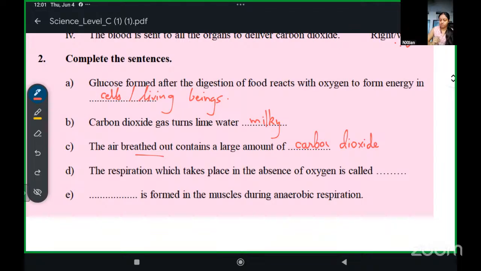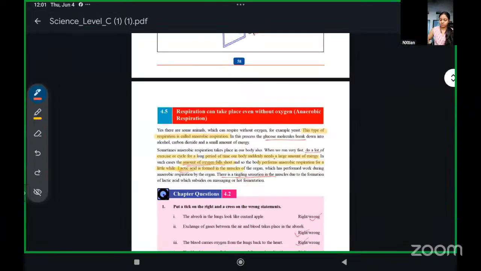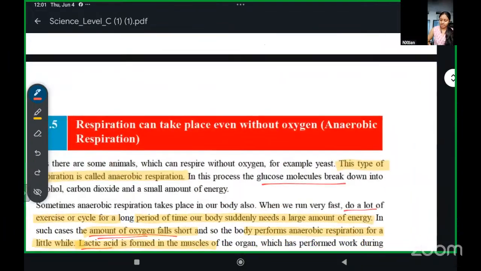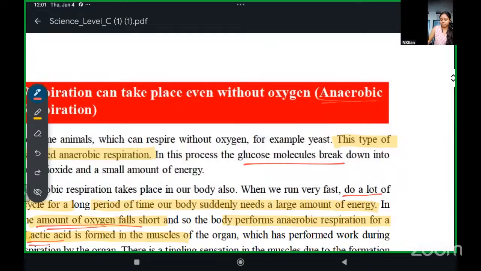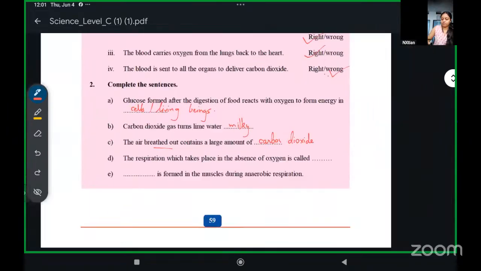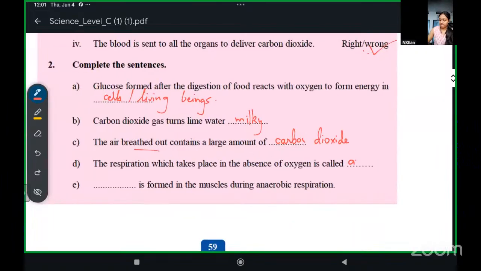The respiration which takes place in the absence of oxygen is called what type of respiration? Anaerobic respiration.